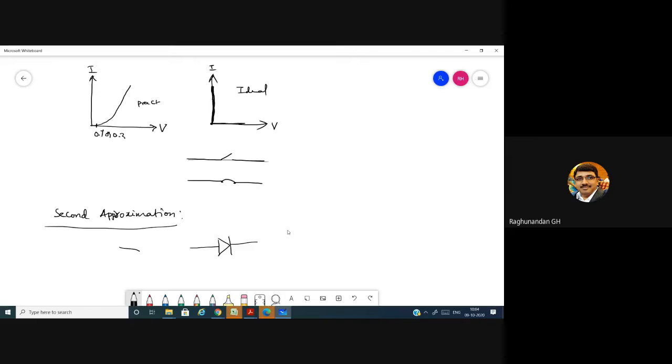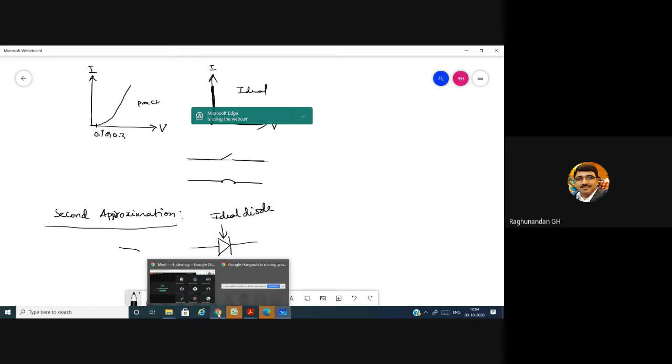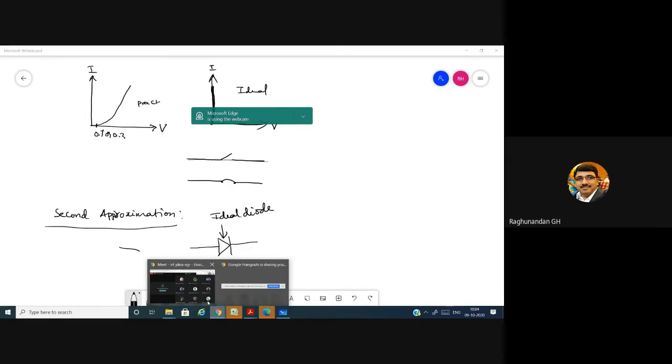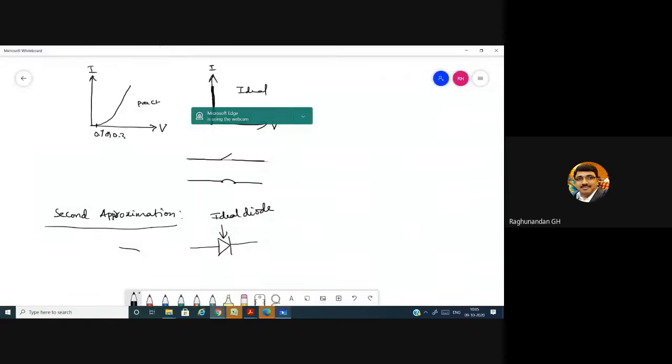Now we have assumed that this diode is an ideal diode. What do you mean by ideal diode? There is no barrier potential. So there is no barrier potential, that is known as an ideal diode.